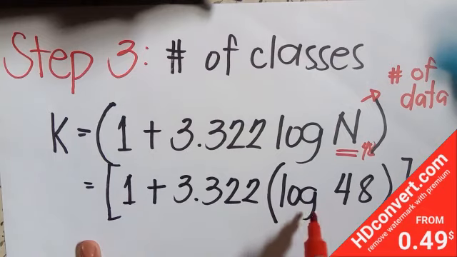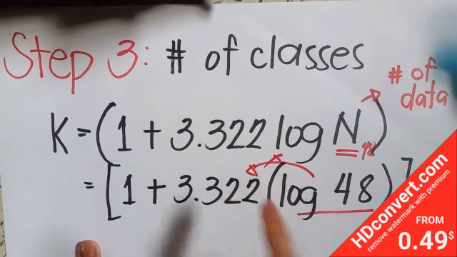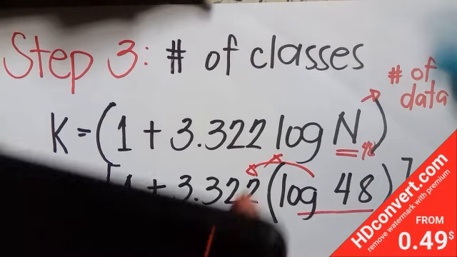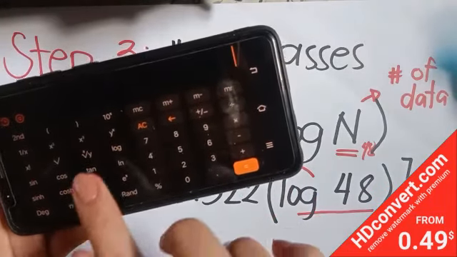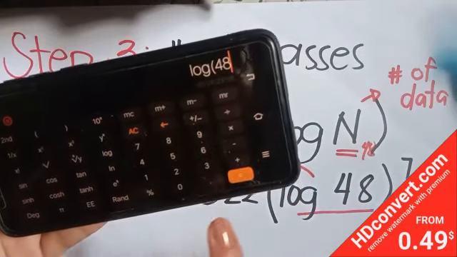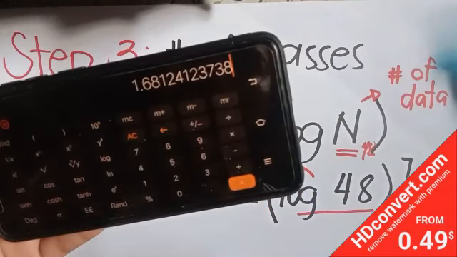So, para ma-solve, kunin mo muna tong si log 48. Then, pag nakuha mo na, i-multiply mo dito kay 3.322. So, gamit tayo ng calculator using cellphone. Yan. So, si log 48 muna. So, ito si log 48. 48 is equal to, yan, 1.681 and so on.